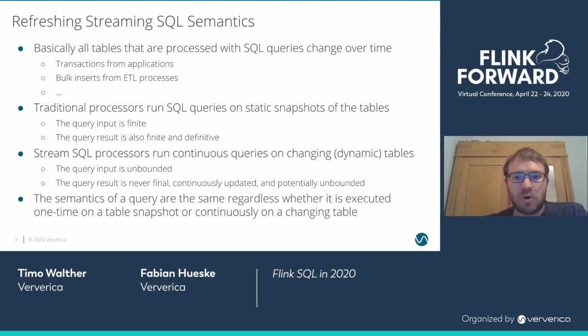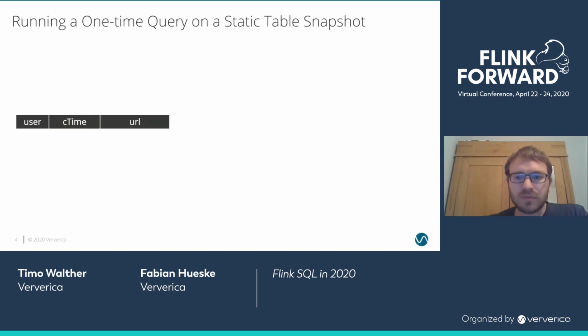To make the point a little bit more clear, I have some simple animation here. So imagine you have a table that consists of 3 columns: a user field, a click time field, called cTime here, and some URL. And this table is now being written to by some kind of external process.